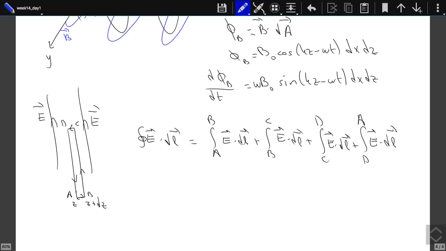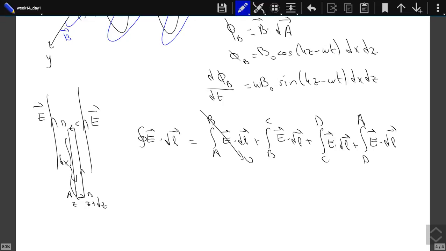Now, what is this integral from A to B? This is the direction of my loop. dl is pointing in that direction. The electric field is vertical. So E dot dl is 0. From A to B, it is 0. From C to D, this is the direction of dl, this is the direction of the electric field.